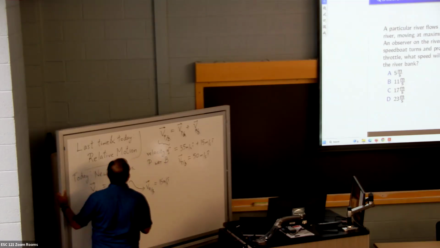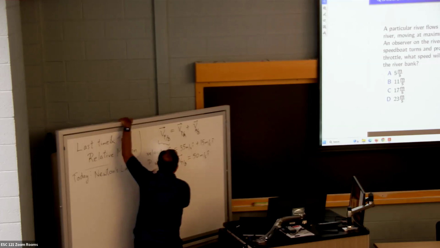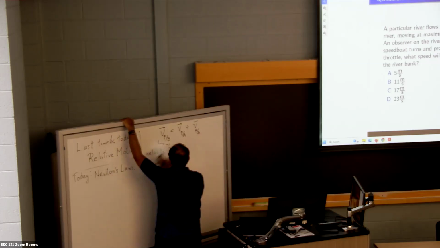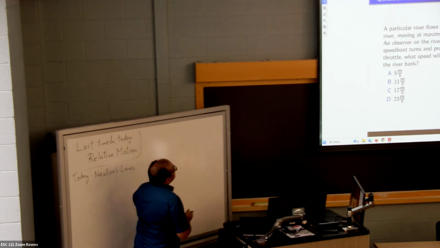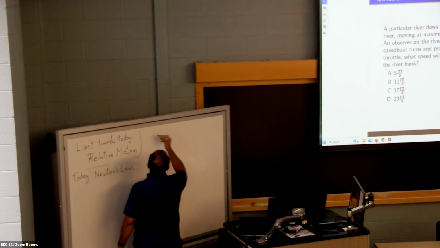All right, so what information do we have? The first thing I should do in these relative velocity problems, just as a matter of bookkeeping, is think of letters to use for my various observers and objects. So I have a river.